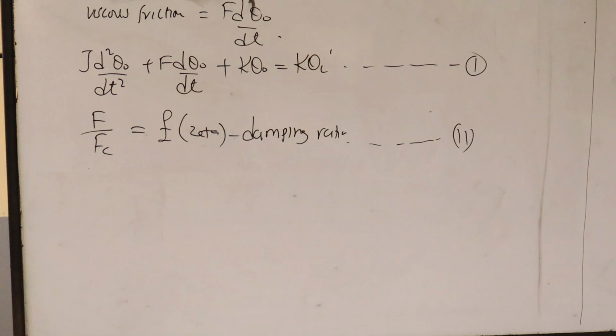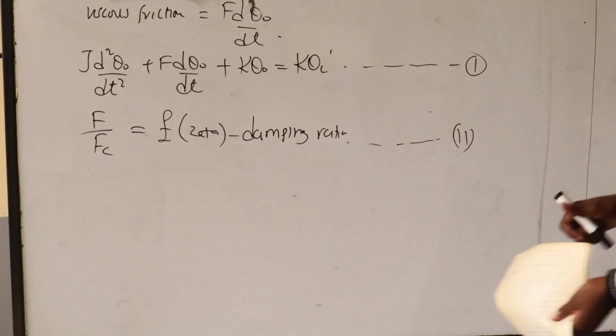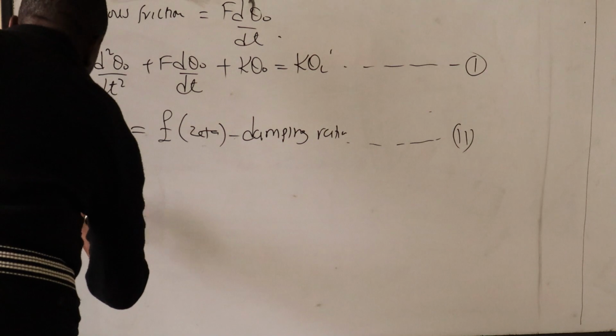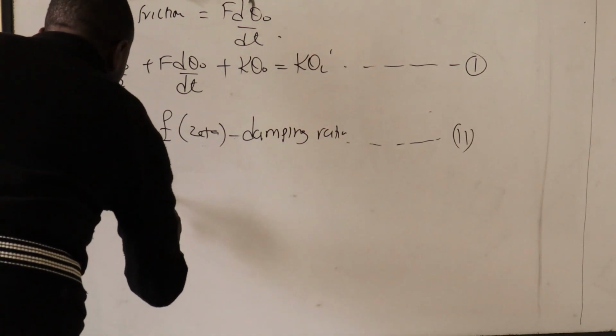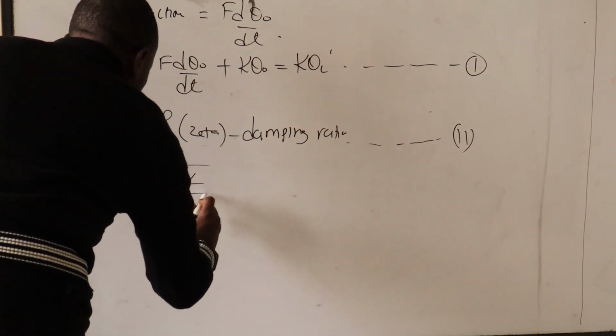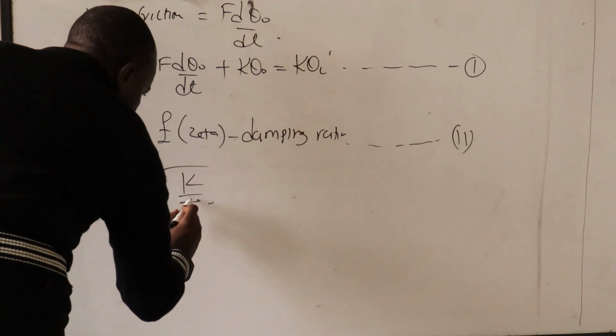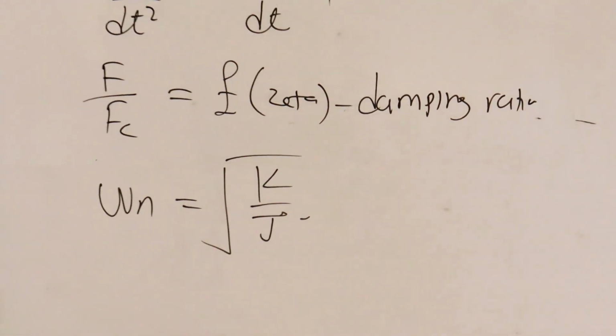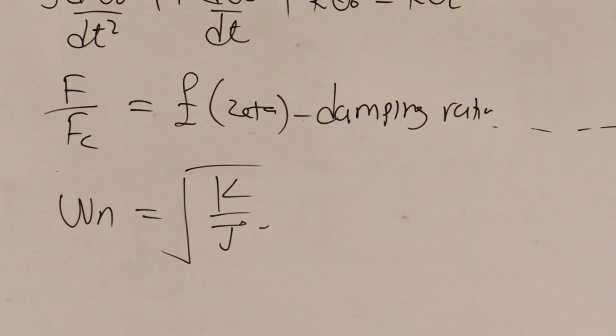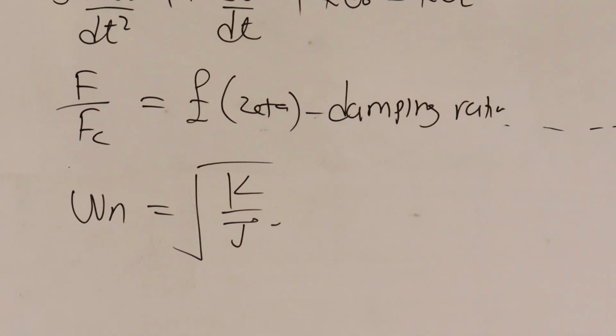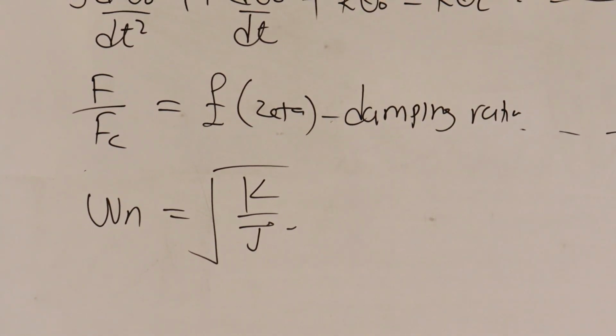Without any damping, the system will oscillate at an angular frequency given by omega n, which is equal to root of k over J. And when the system is underdamped, it will oscillate at an angular frequency omega d.